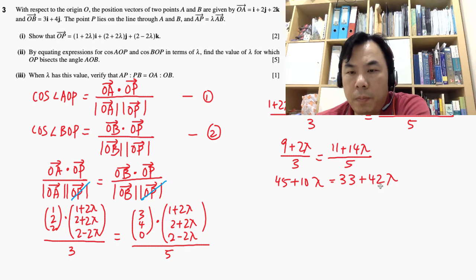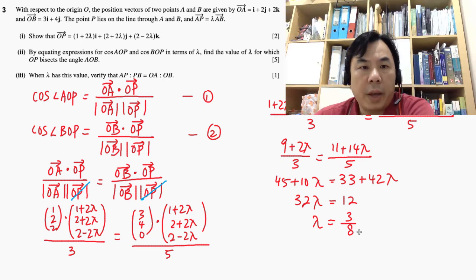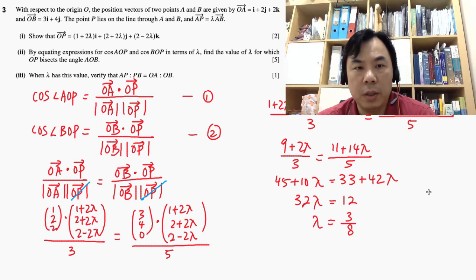All right. So from here we have 32 lambda, and then that will be, what do we have here? 12. Yeah, it's a 12, right? So therefore, the lambda that we are supposed to get will be 3 over 8. Right. I hope that is clear at this point.